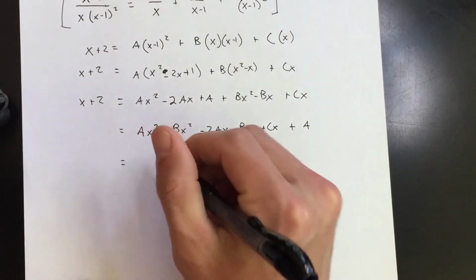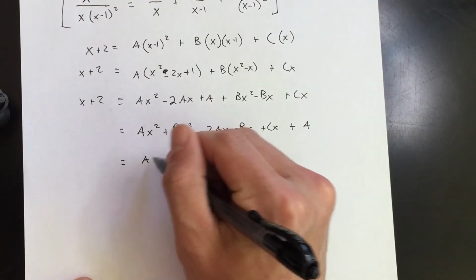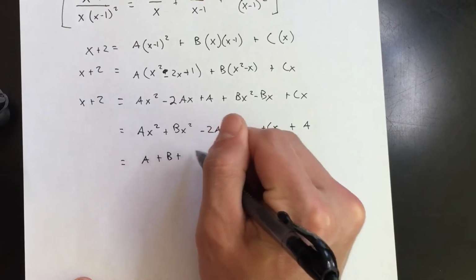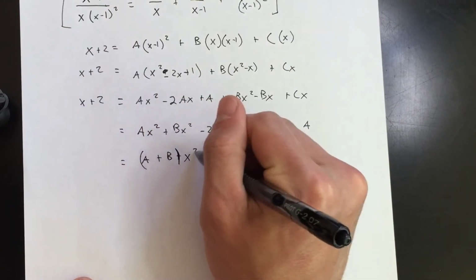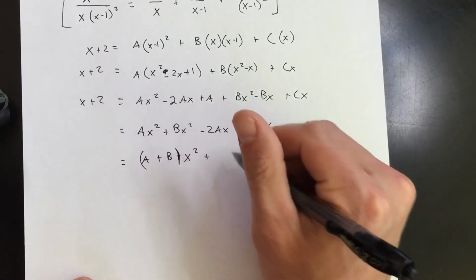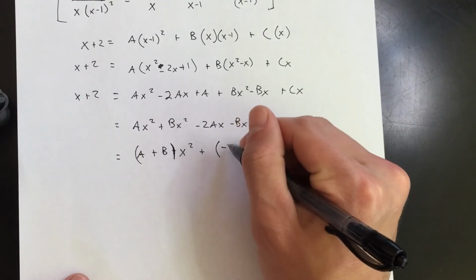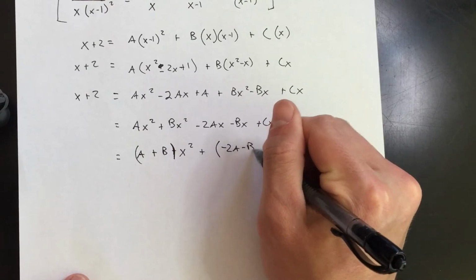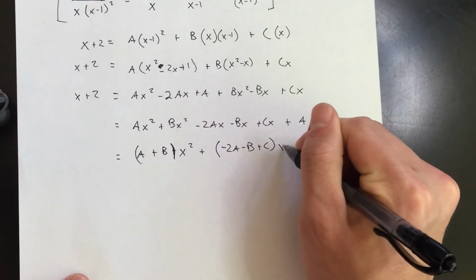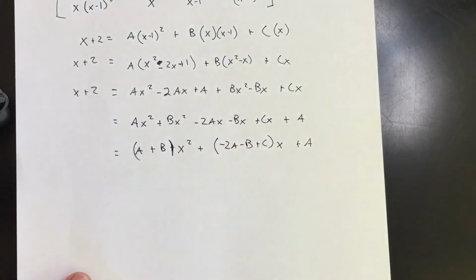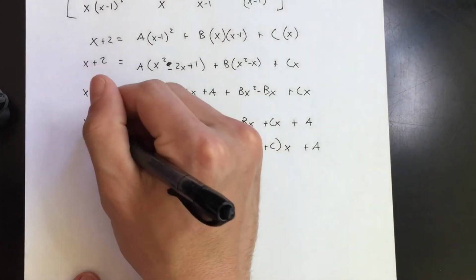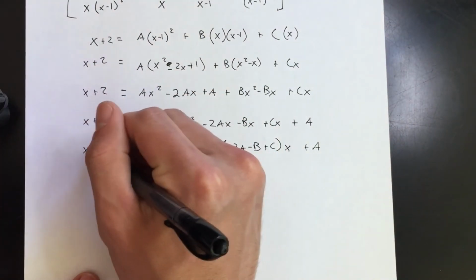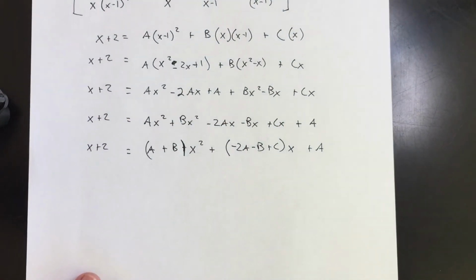And we're going to refactor this and write it like this: A plus B, parentheses, x squared plus negative 2A minus B plus C, x plus A. So we do that local factoring, that local GCF, because we're really trying to match up the coefficients of the left side and the right side together.